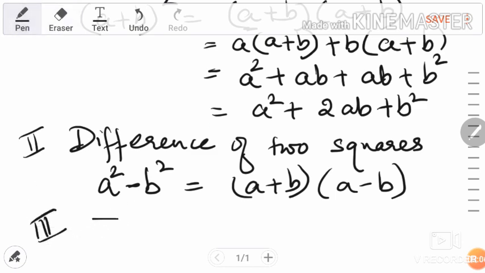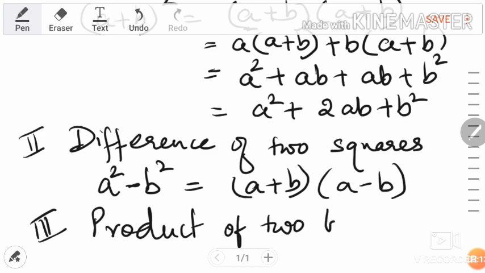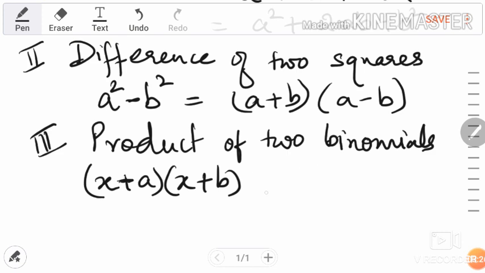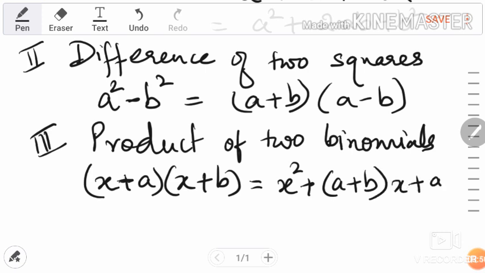Third type of identity that you have studied is product of two binomials. X plus a into x plus b. The right hand side of this identity is x square plus a plus b times x plus a into b.